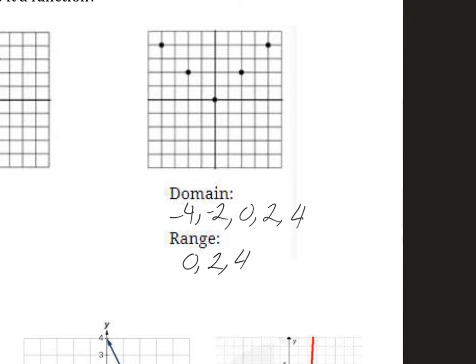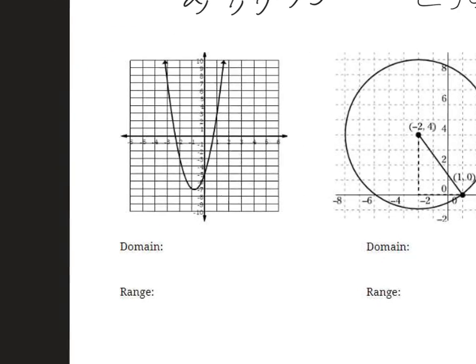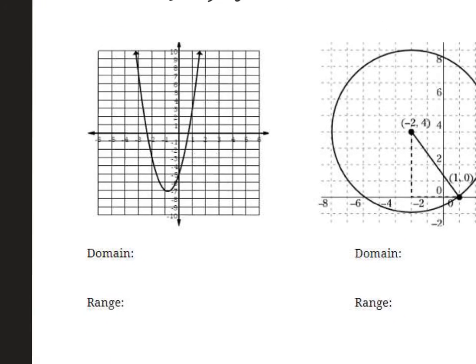Again, these are just points, so it's not everything that's in between these two things. These are very specific points. There are no lines. Okay, so now let's do that for this next one. So do we have points or a line? We have a line. Starting off at the left, it's starting over here, so it has arrows.